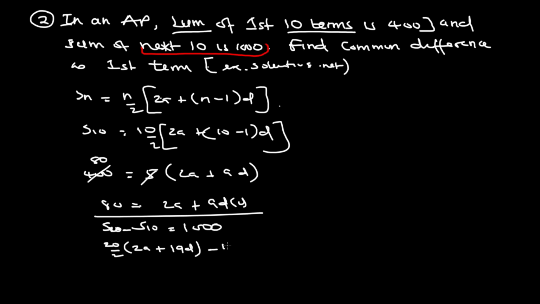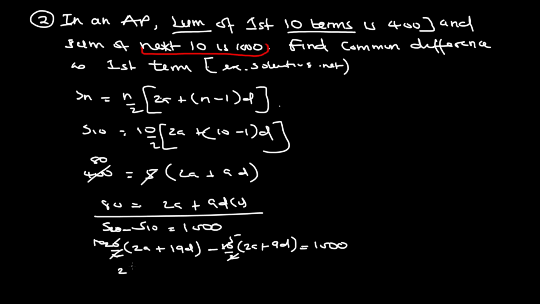Then we're going to say minus 10 over 2, then (2a plus 9d), 9d from here, because we're dealing with the 10 terms here, is equal to 1000. Now, if you look at this, we can say this is 10, this is 10, and then there is 5. I can also divide throughout by 5.